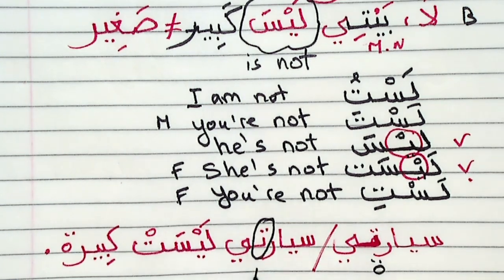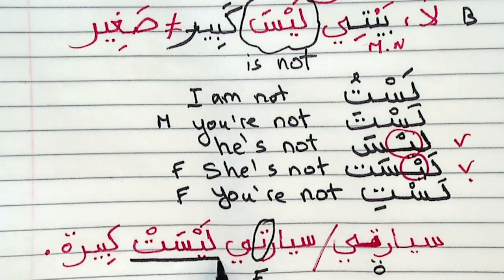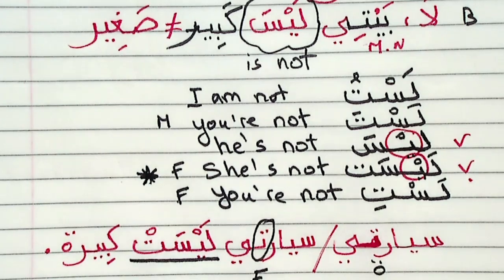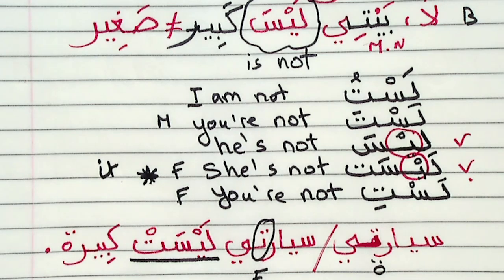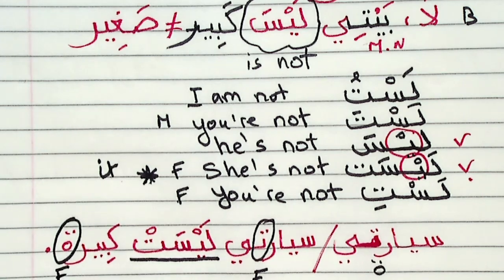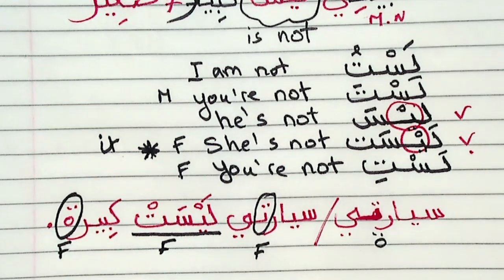That's the feminine indication. Laysat is "she is not," and it is also for "it" feminine. Laysat kabira, and here again we have the feminine. So feminine, feminine, and that would remind you of word agreement.